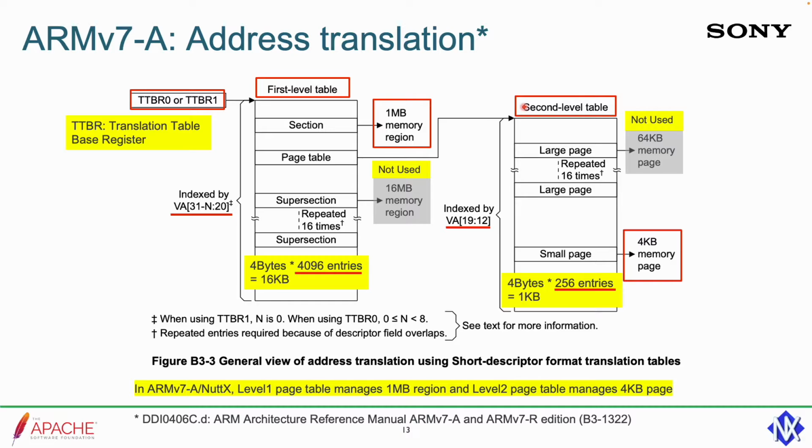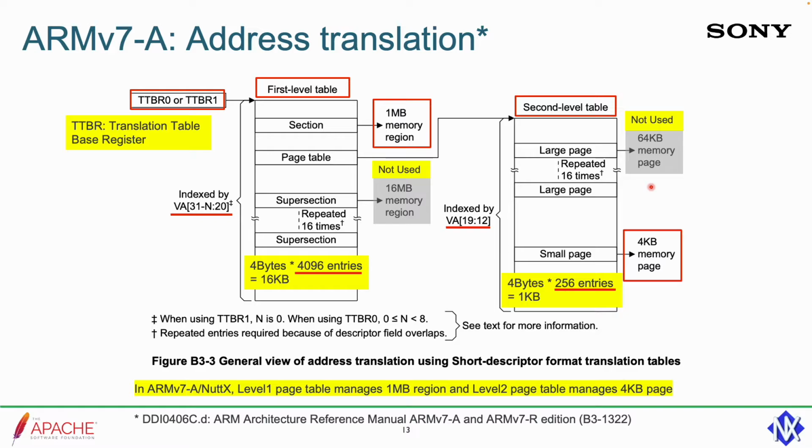ARMv7-A defines a supersection that supports a 16 megabyte memory region for the first level. However, in ARMv7-A NuttX, we only use a 1 megabyte memory region for the first level table. Similarly, we only use a 4 kilobyte memory page for the second level, even though ARMv7-A supports 64 kilobyte memory pages.